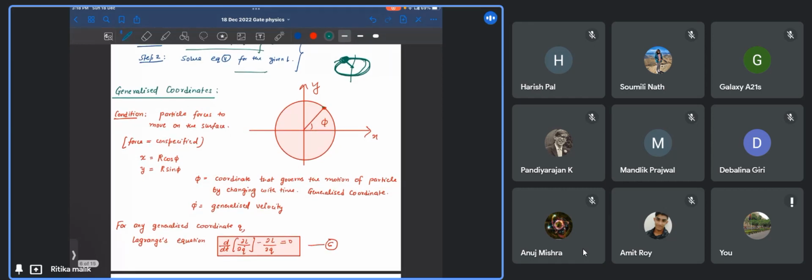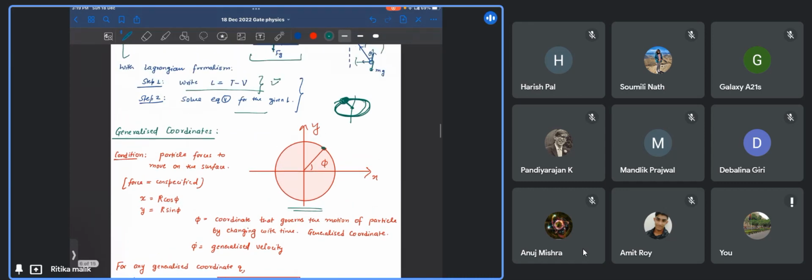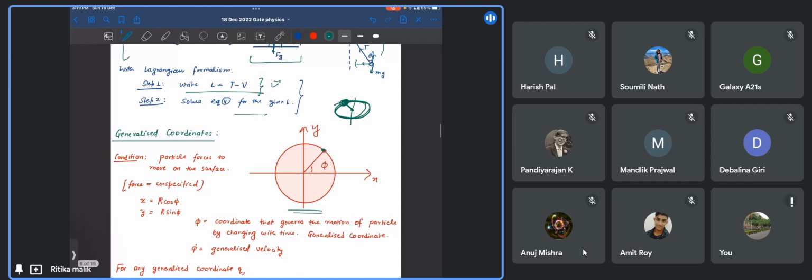So, for example, this is the question here. If you have a particle which is moving in circular motion, you have to calculate the equations of motion for this case. We do not know exactly what this kinetic energy is. You can always write kinetic energy like x dot square plus y dot square. There is no z here, but you do not know if it is moving in the x direction or y direction.